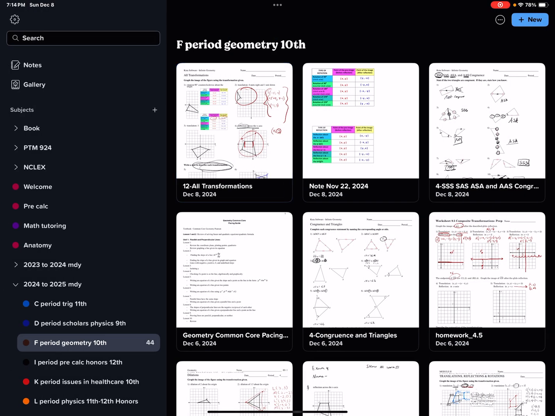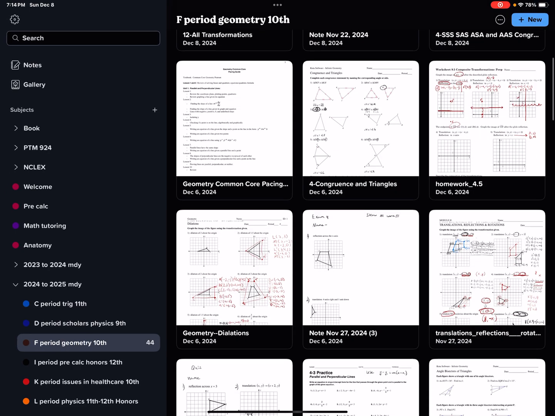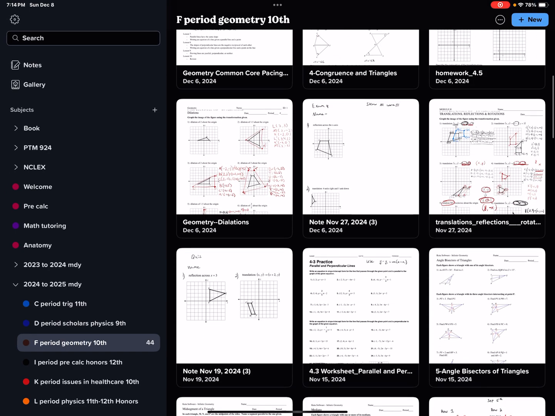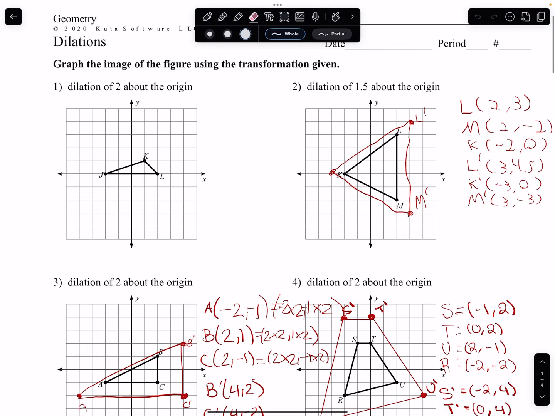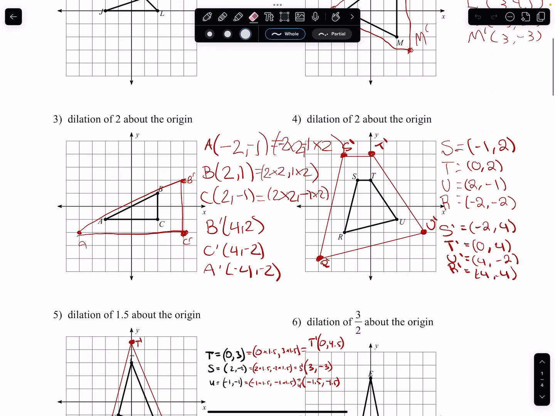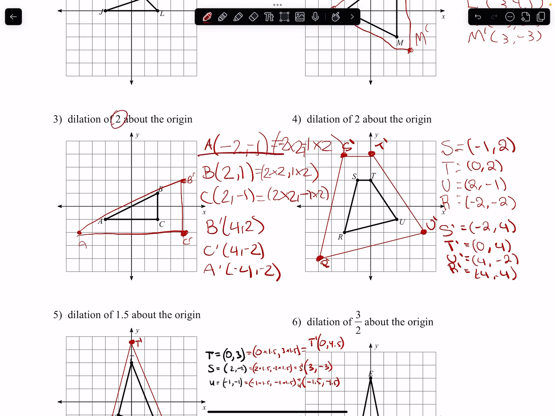Now, another thing is we talked a little bit about dilations, okay? With dilations, it's very simple. All you have to do is multiply by the factor that's given, right? So for each point, I want you to write it out, and then I want to see this math right here.